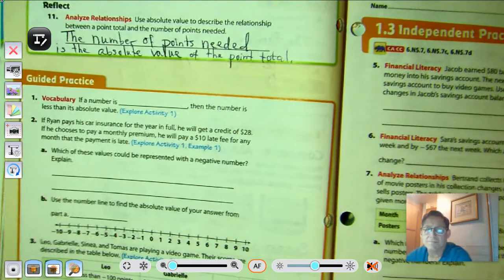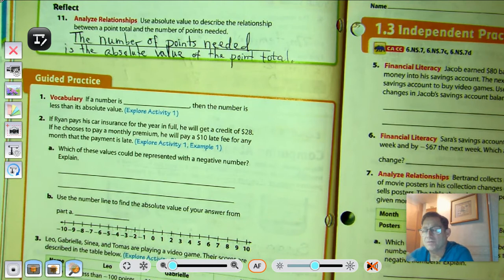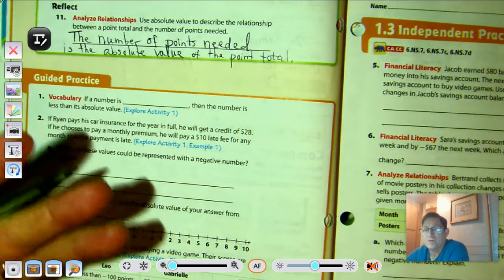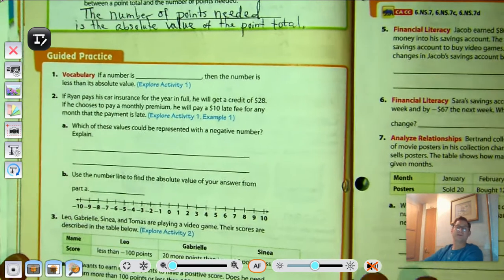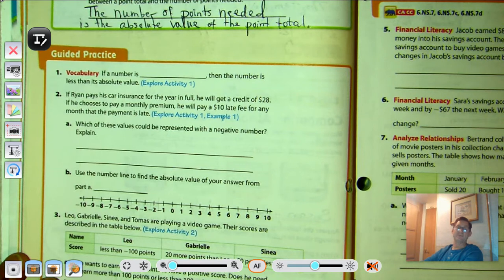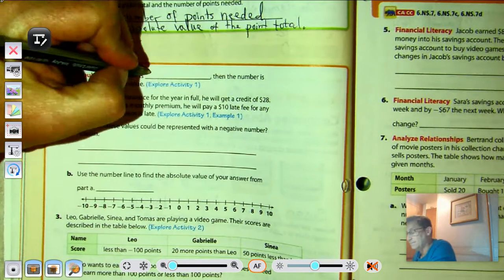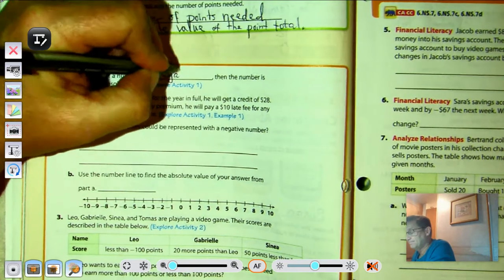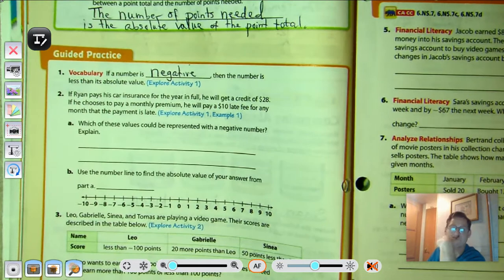So in other words, if the number of points needed is the absolute value of the point total, if somebody was at negative 25, the absolute value would be 25. That's how many they need in order not to be negative. All right, let's continue. If a number is negative, then the number is less than its absolute value.